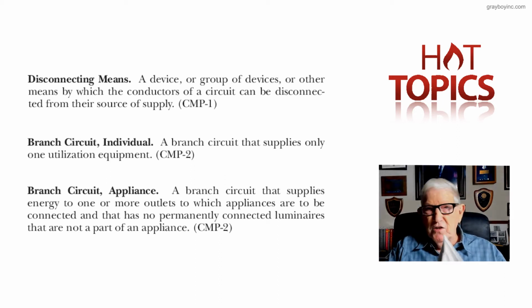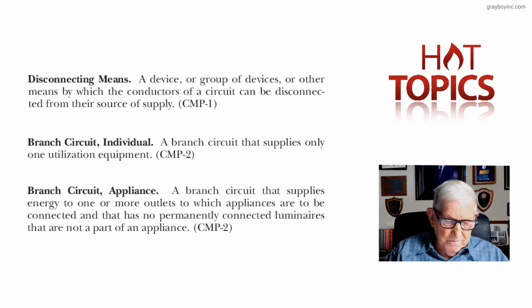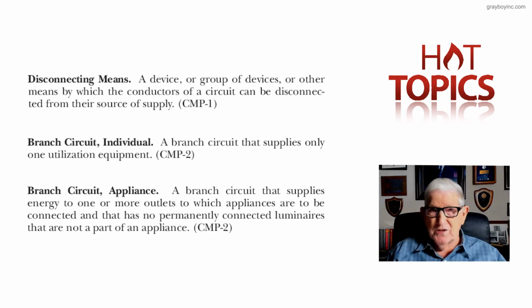Now, going over to page 34, we want to look at the definition of a disconnect. On the right-hand side of the page, down toward the bottom, under the title head, disconnecting means, it's defined as a device or group of devices or other systems by which the conductors of a circuit can be disconnected from their source of power.